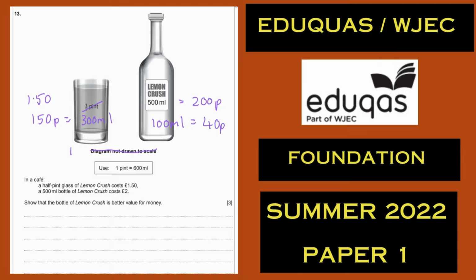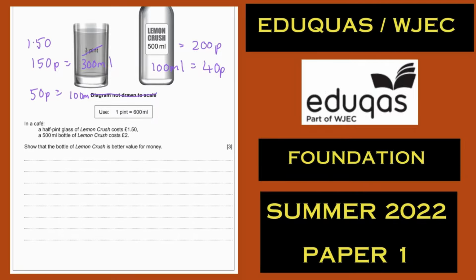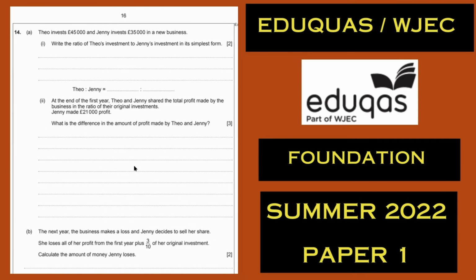To get 100 ml over here, that's divide by 3. So it's 50 pence on the half pint. I'm done. Now, whether you do your working out on diagrams like I've done or down the bottom, examiners don't care. I've shown the lemon crush is the best value.